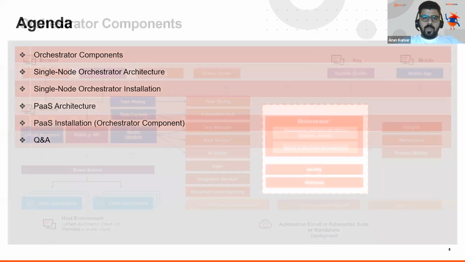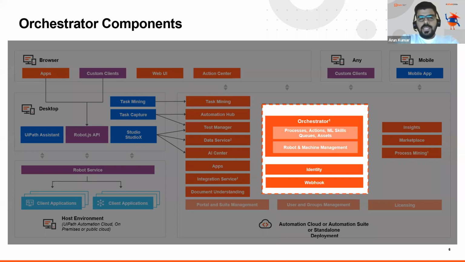I will start with the orchestrator components. As we can see in our slide, we have three components that make up the orchestrator: orchestrator, identity, and webhook. Orchestrator lies at the heart, where it helps in the communication with different robots and machines, and you can have your license management there.